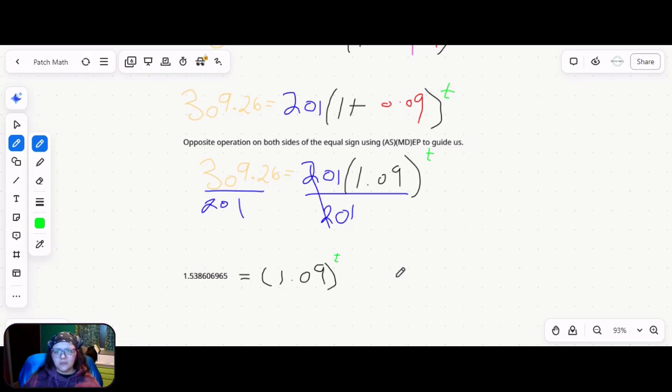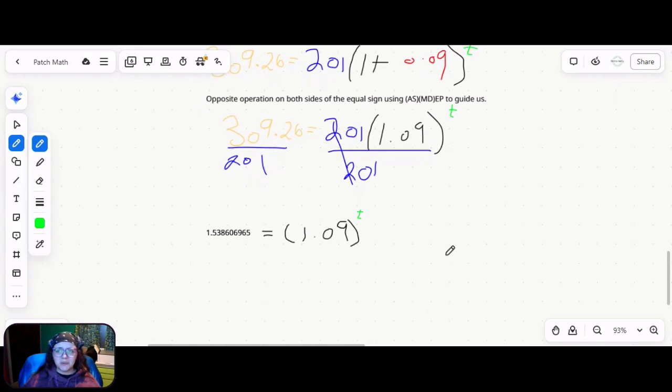So on this one, there's a variety of ways to do this problem. What you are trying to do is figure out how you can write 1.538, this number, as 1.09 raised to what number? I would just test things.